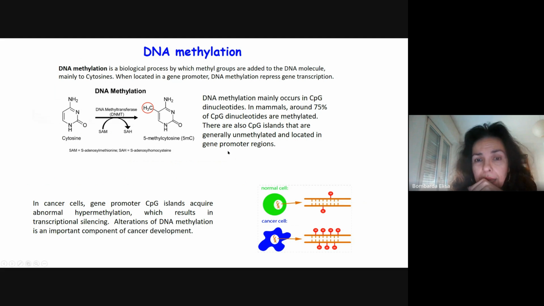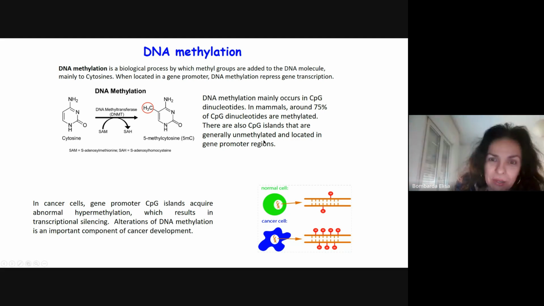This is also a very delicate point, because in cancer cells gene promoter CpG islands are affected. I was not yet mentioning that there are CpG islands that are generally unmethylated and located in gene promoter regions.